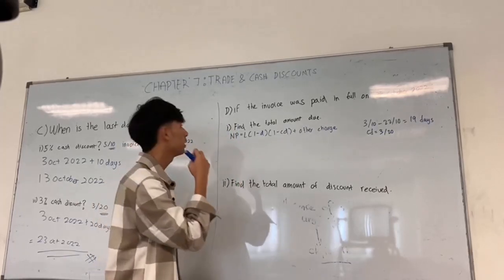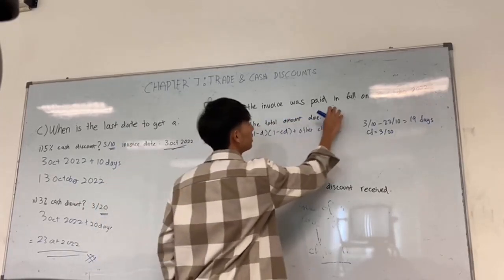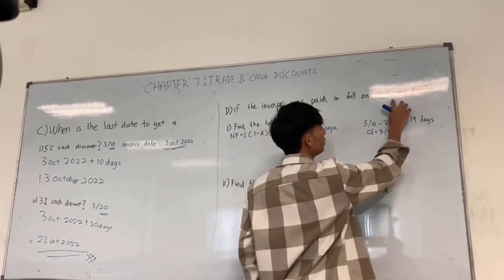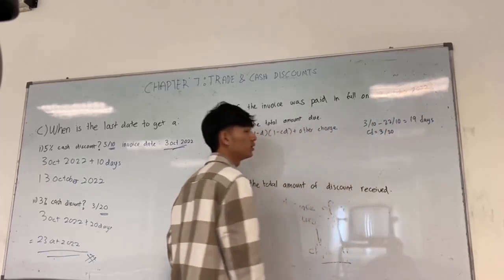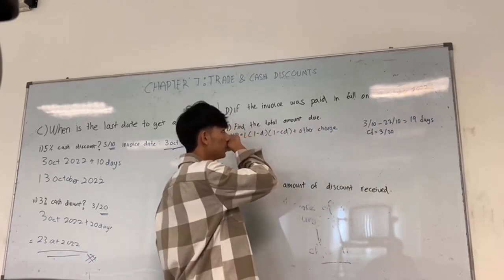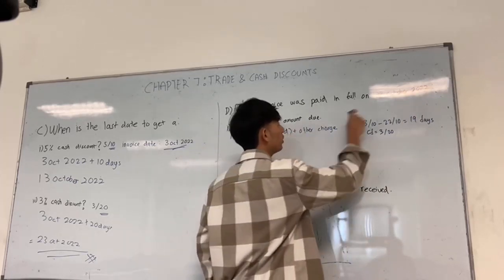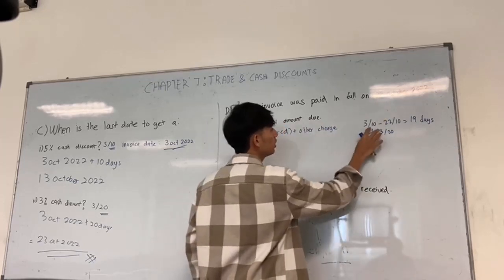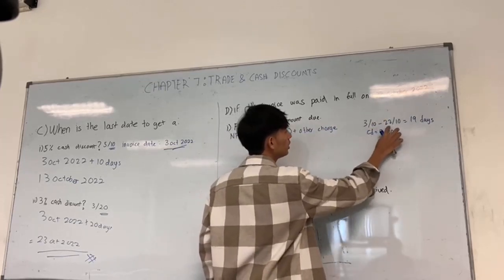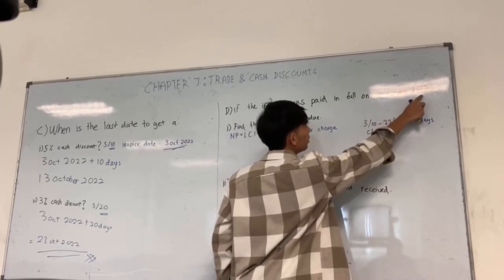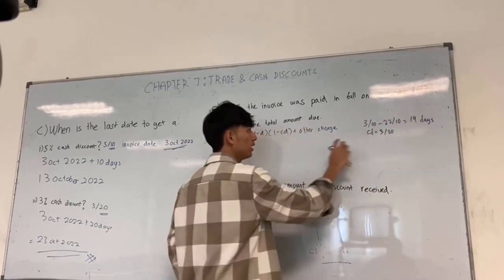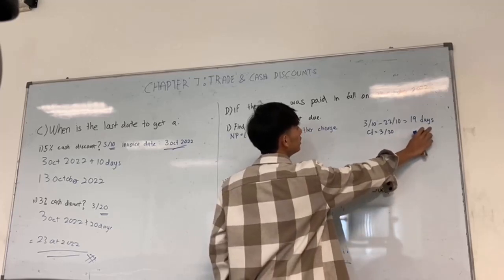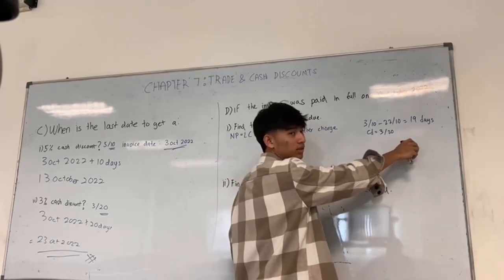Question D asks us if the invoice was paid in full on 22 October 2022. The first thing we need to know is the cash discount that we get before the date. It starts from 3 October until 22 October 2022, so the period was only 19 days.